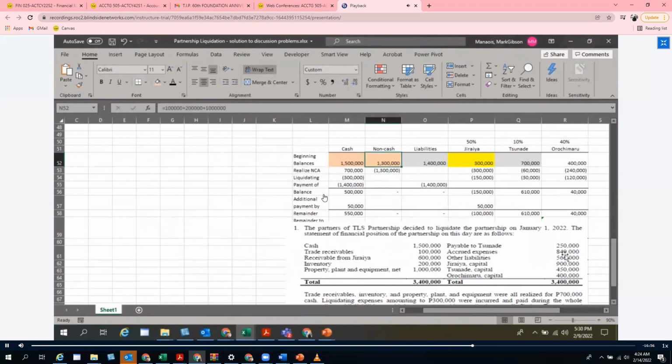For the liabilities, we have 840,000 accrued expenses and other liabilities of 560,000, for a total of 1.4 million pesos.